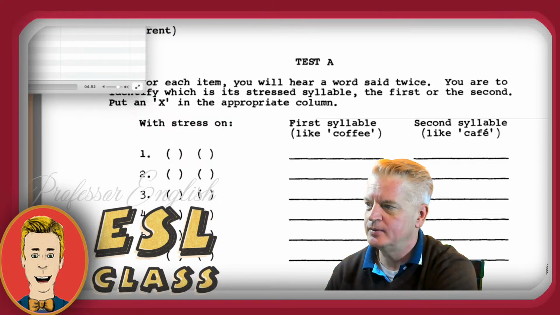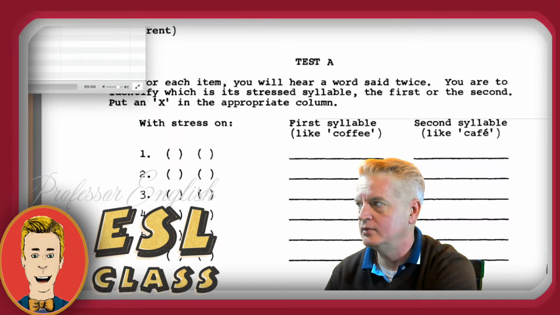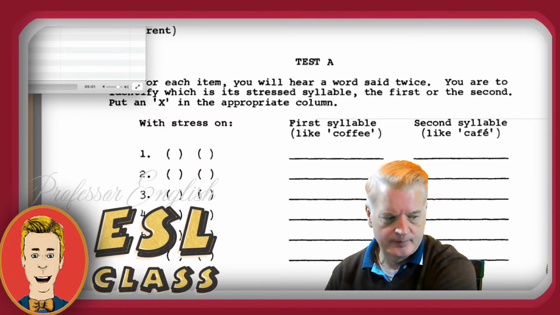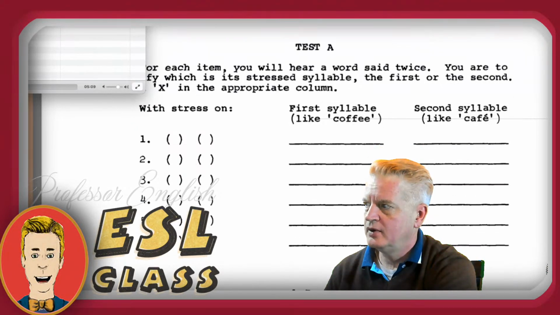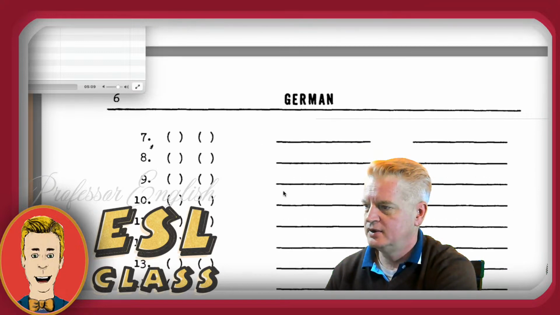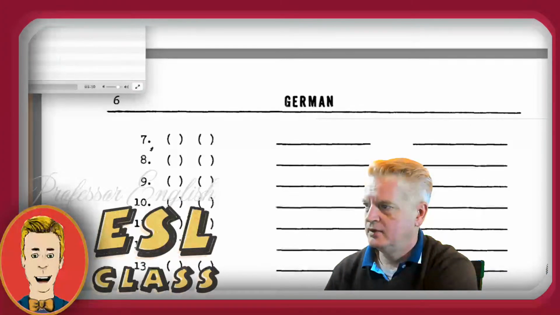It's the second syllable. 5. Treffen. That's the first syllable. 6. Kennen. First syllable.